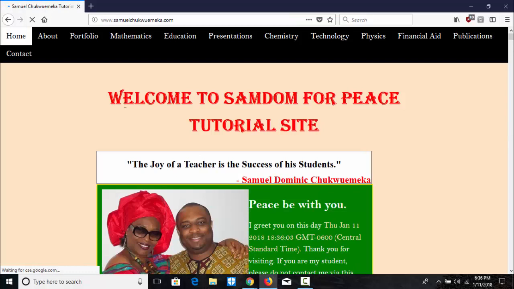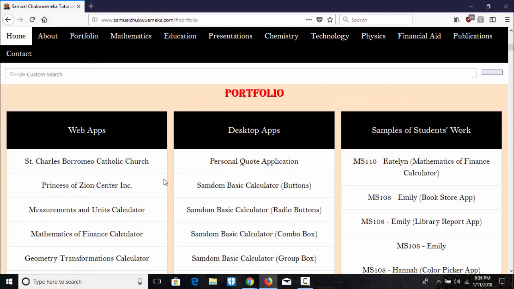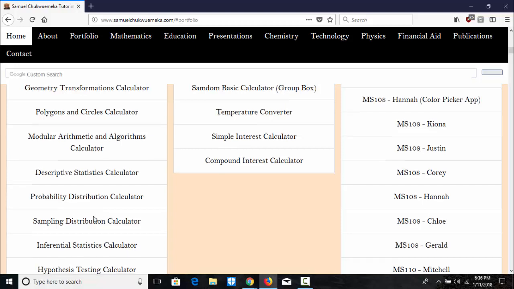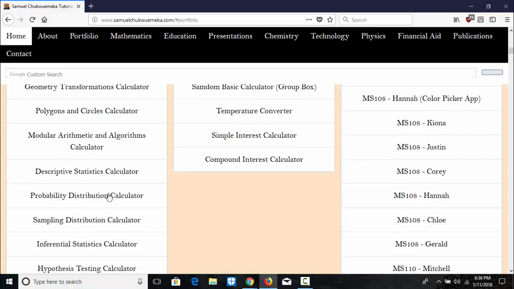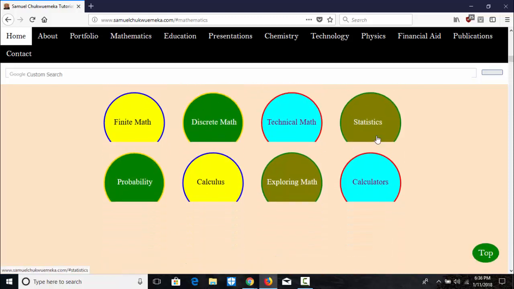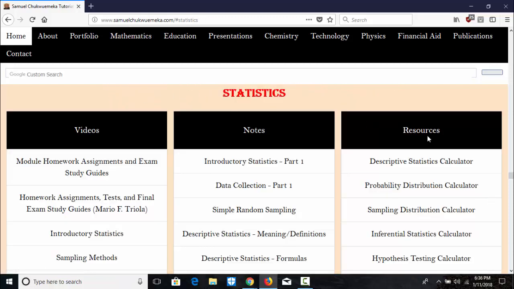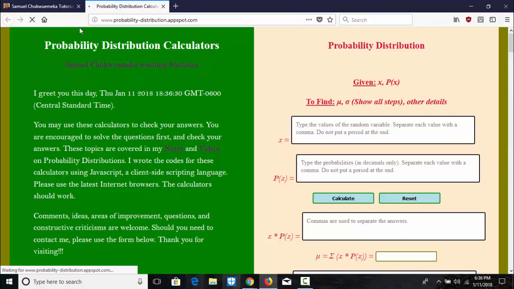So I thank God. Okay, you click on this, you can jump to portfolio, and we will use the probability distribution calculator. Or you can go to mathematics and then click on statistics, and in the resources we see probability distribution calculator. This is what we are going to use.